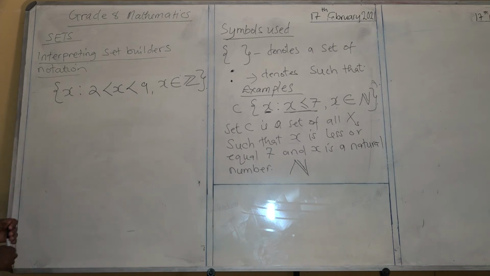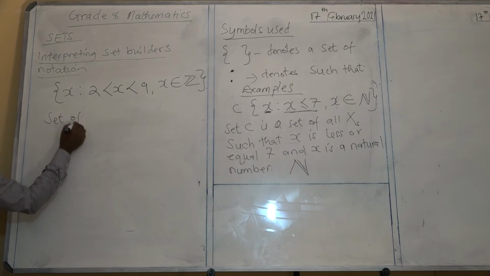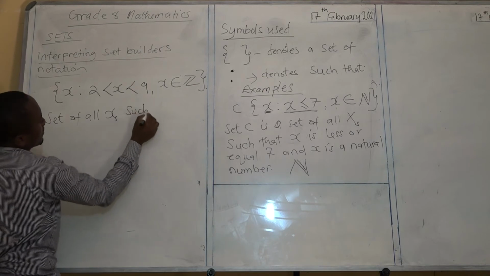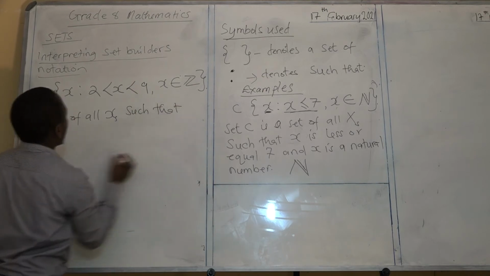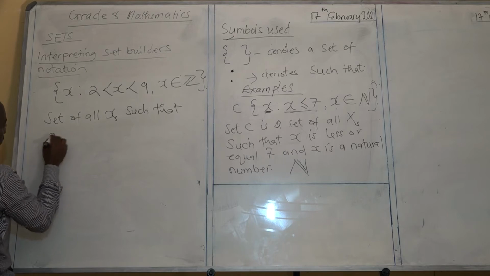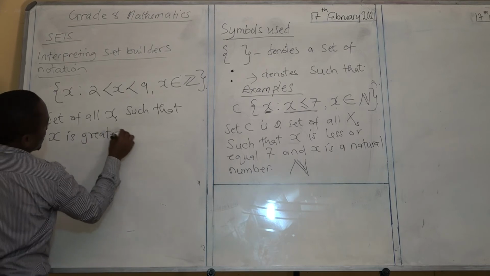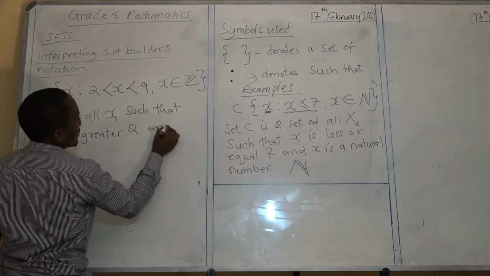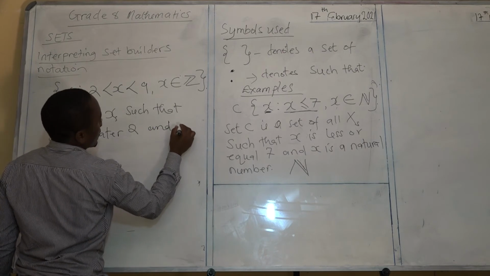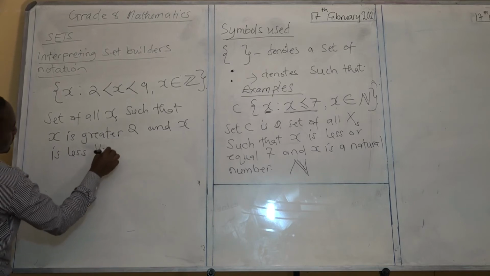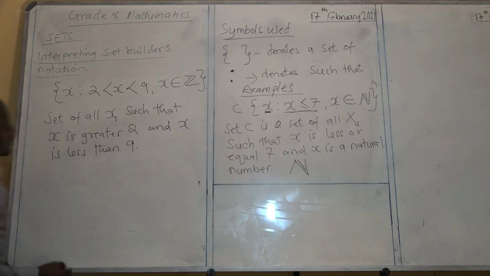So what you should be doing here is write it as: this set shows the set of all x such that x is greater than 2 and x is less than 9.